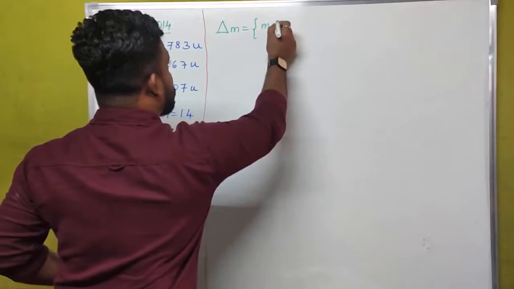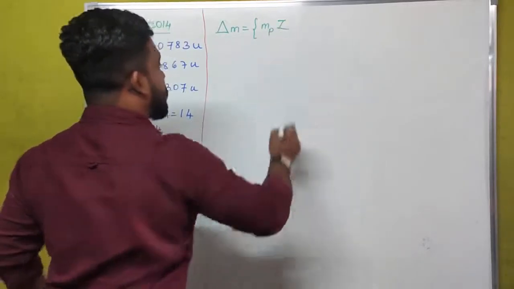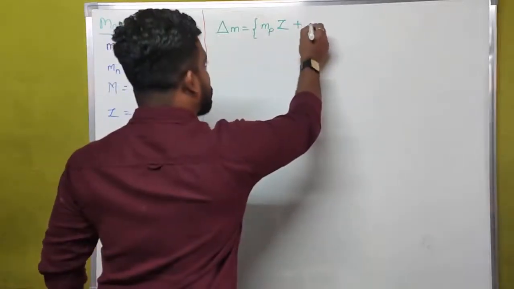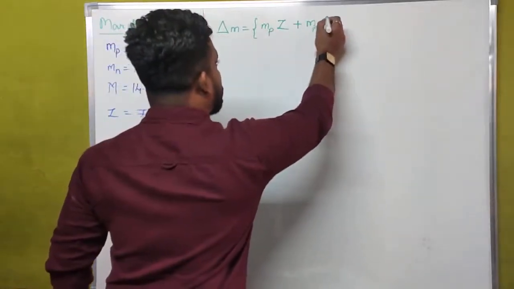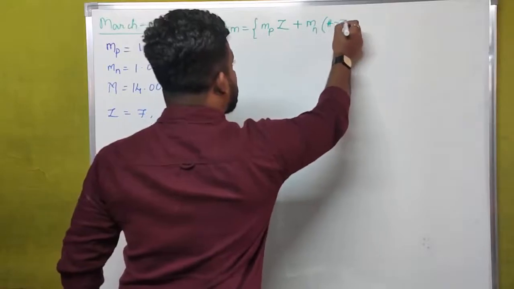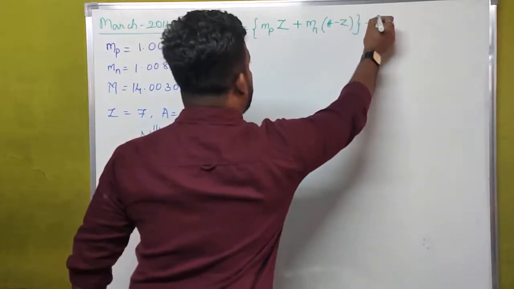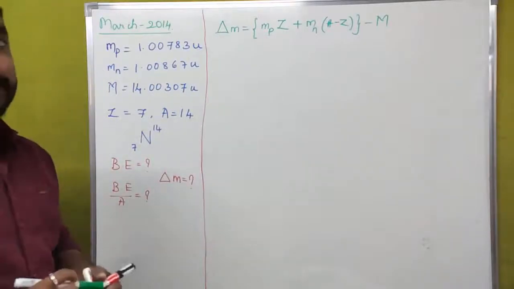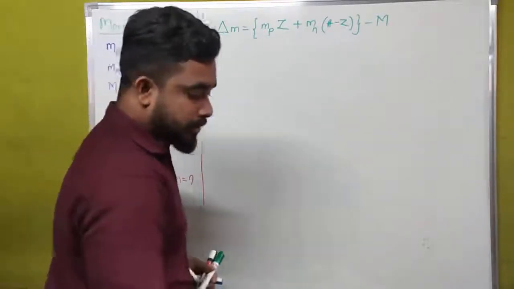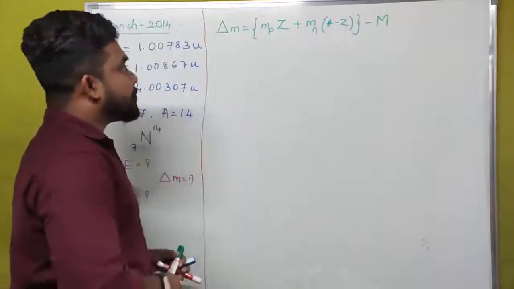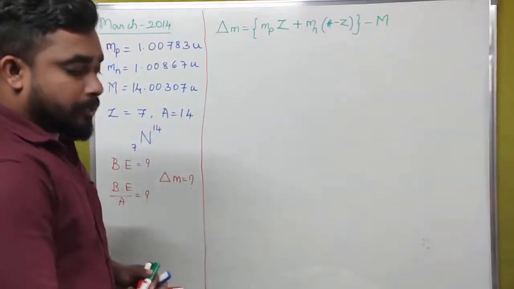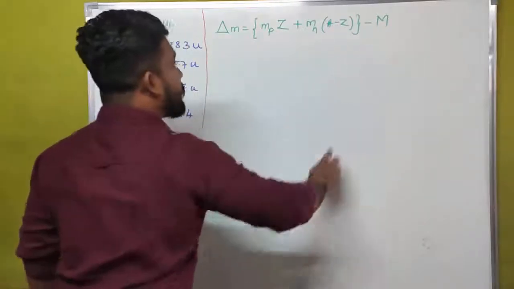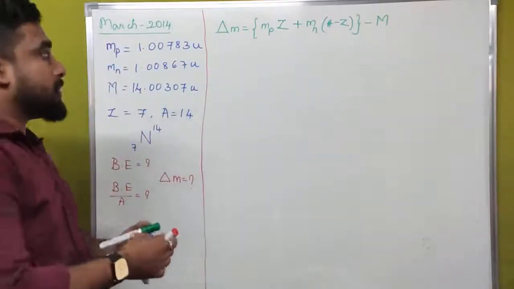The expression for mass defect, delta M, is equal to Z into Mp plus (A minus Z) into Mn minus capital M. If we substitute the values of these things, then we can easily calculate the mass defect.